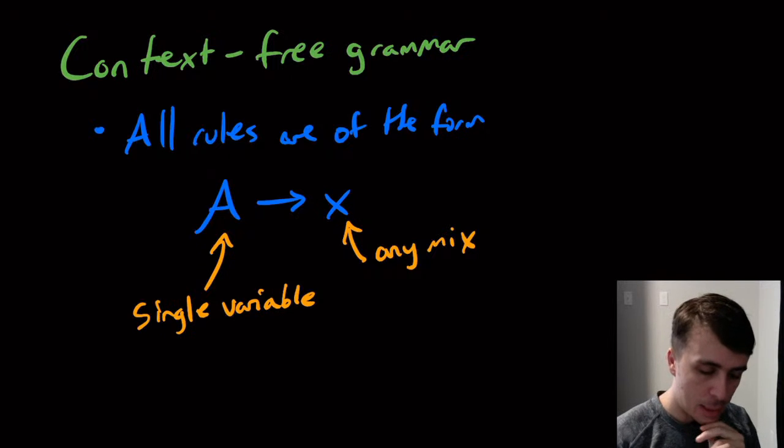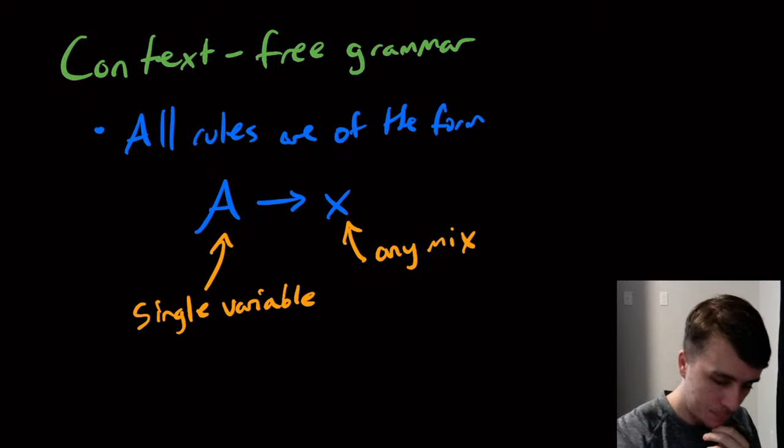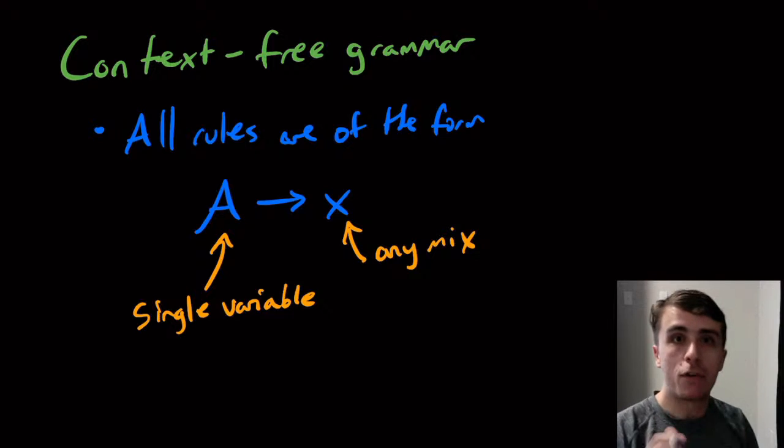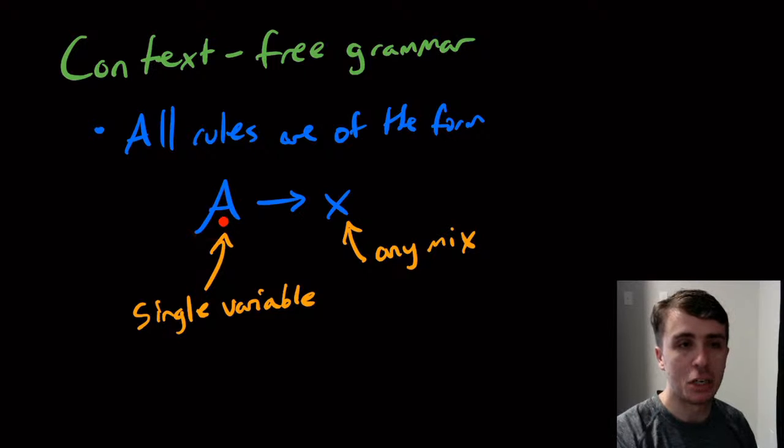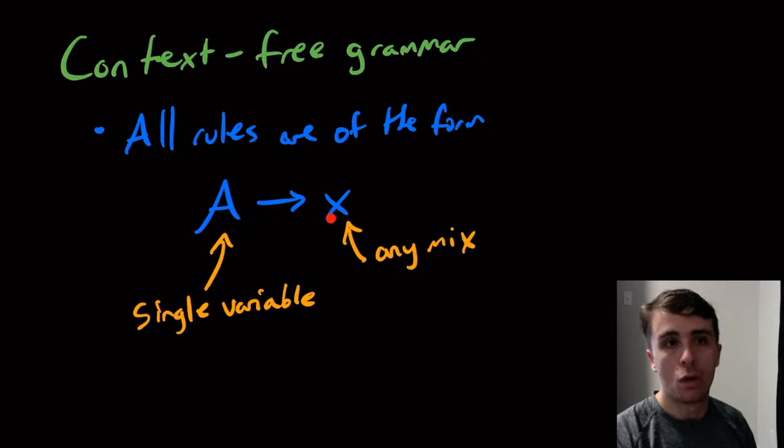So the consequence of this is that whenever a terminal is created at any point, it can never be replaced, because anytime you want to replace something, you must replace a single variable with stuff. You can never replace a terminal or any combination involving a terminal with stuff.